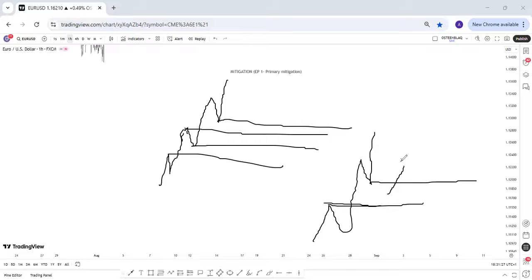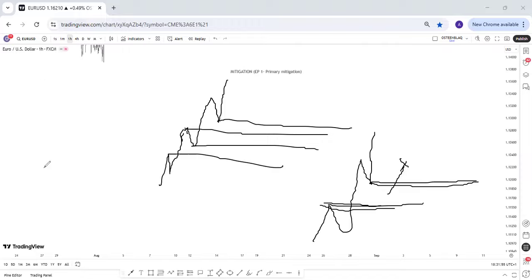I will label the imbalance as X. This is still an imbalance because our support didn't mitigate into this place. This low is an unsupported low because there is no support holding it. So it is an imbalance. It is a liquidity in price.